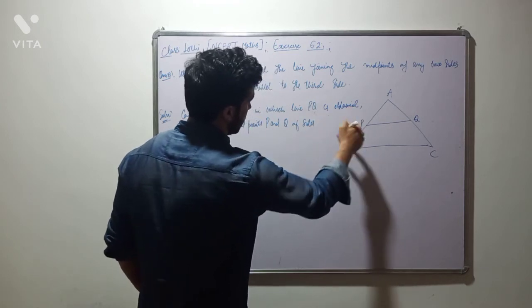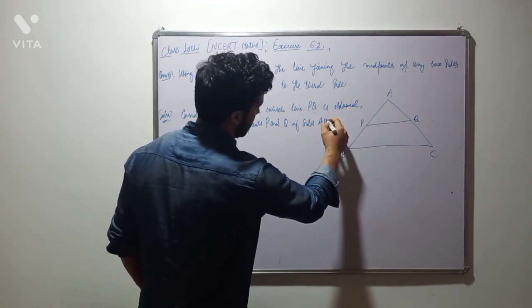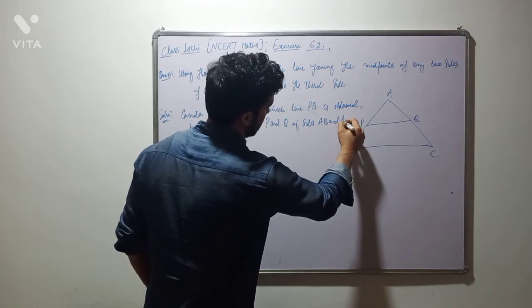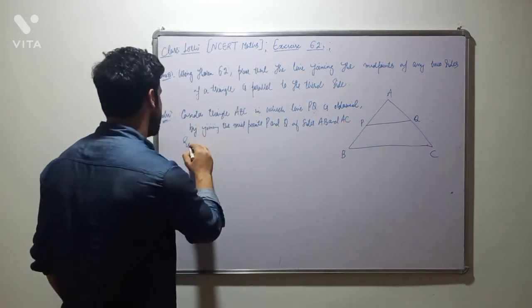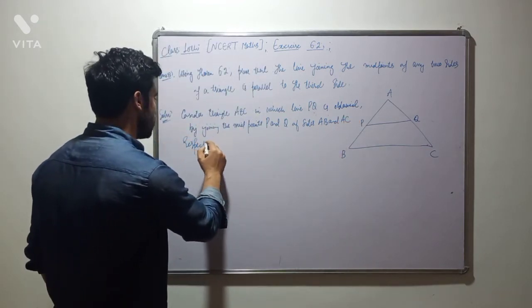P is the midpoint of AB, so we may write here of sides AB and AC respectively. Okay, so this is what we have.